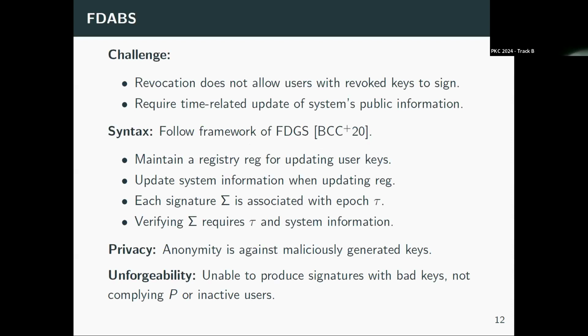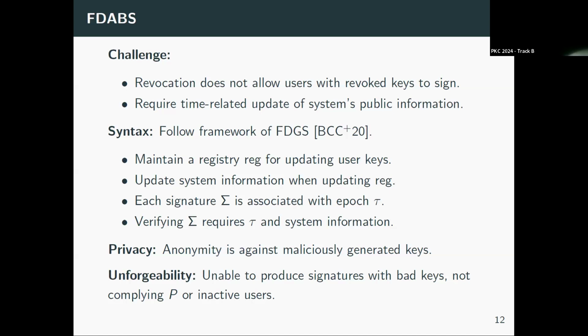Regarding full dynamicity of attribute-based signatures, our challenge in this paper is to handle the revocation of users, and to do this we require something like a time-related update of the system information.